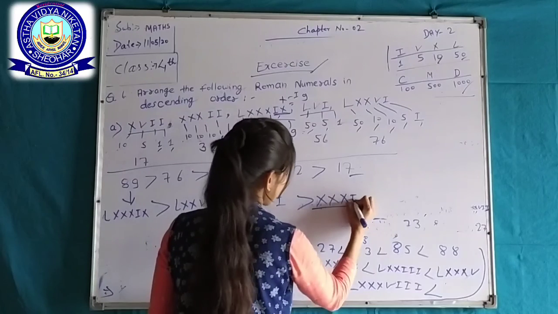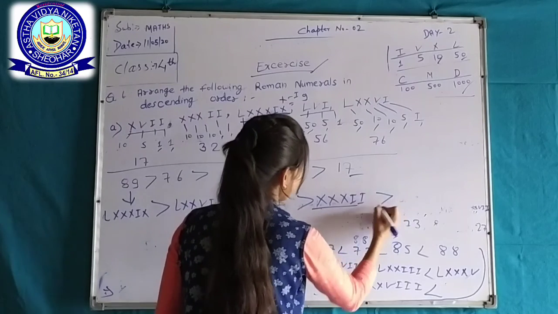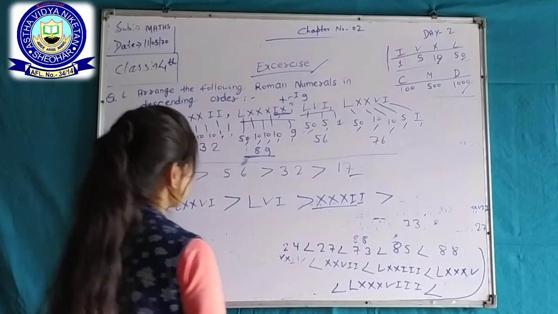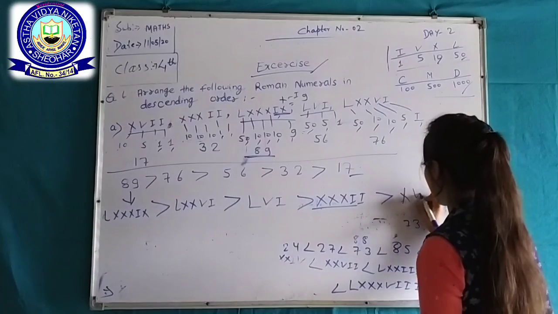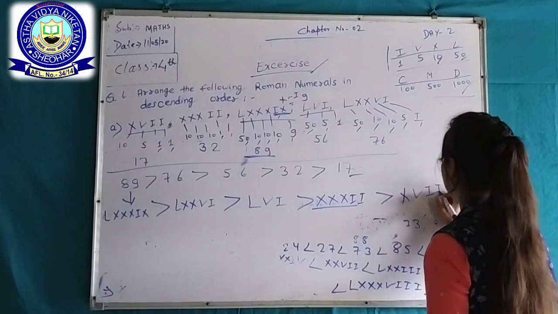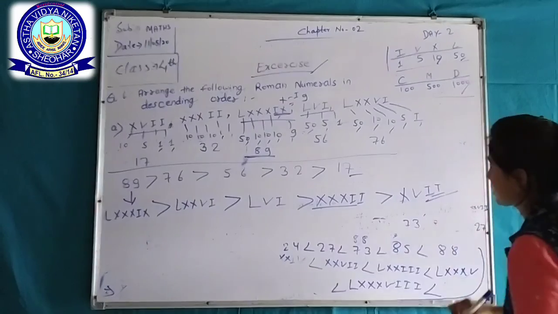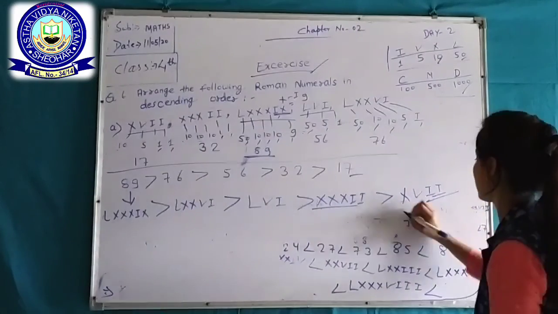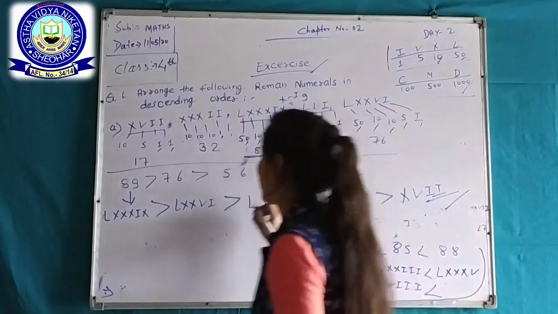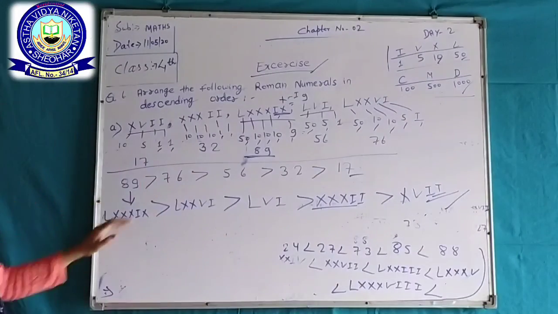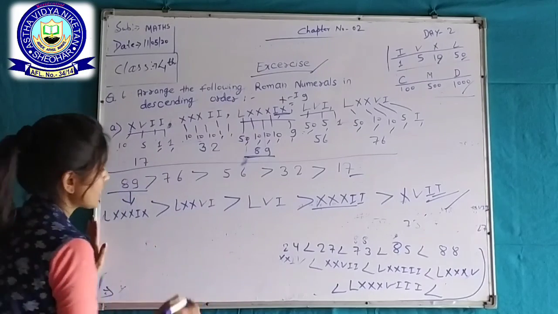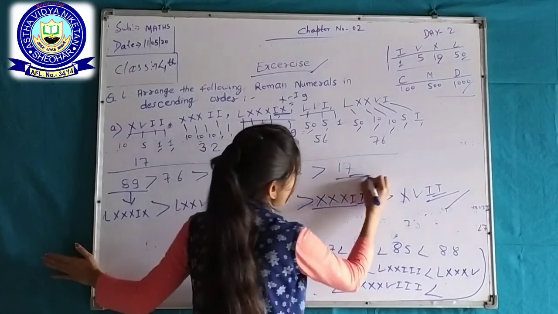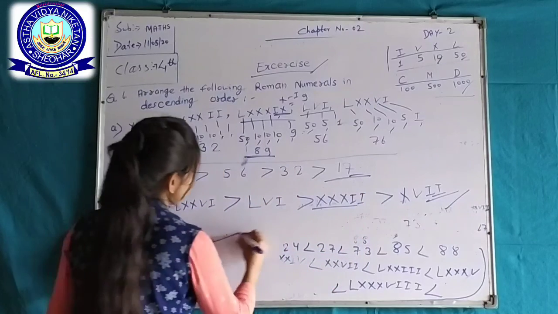And lastly 17: we write X for 10, and V for 5, and double I for 2, and it becomes 17. So this is the process to write in descending order. In descending order, first of all we have to write the largest number, and in ascending order, first of all we have to write the smallest number. This is all your exercise.